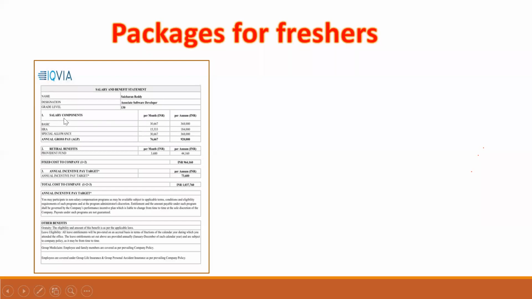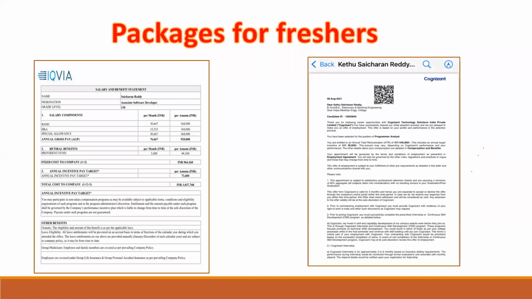Can you see? This guy got a job as a fresher. His package is 10 lakh 37,760 rupees. The same guy got an offer from one more company, Cognizant. See, I told you, right?